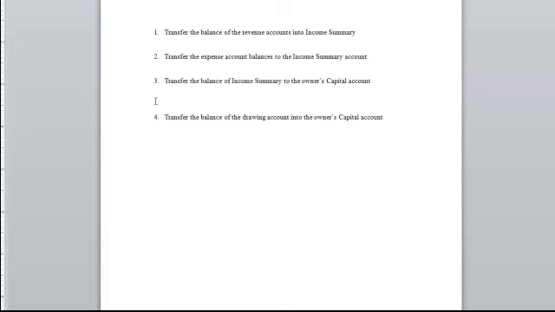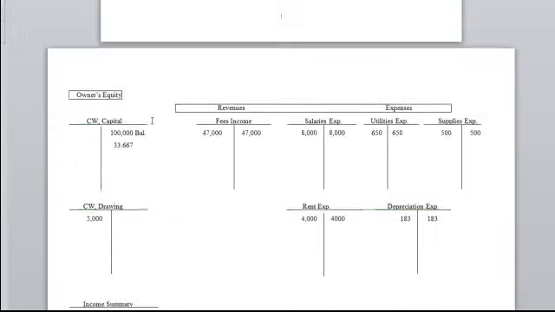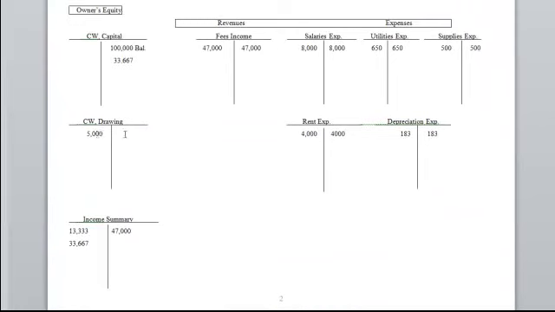So I'm going to go down here to my T accounts and take a look at that. To close the drawing, I'm going to have to credit it for $5,000. And if I credit the drawing, I have to debit something. I'm closing the drawing into capital, so I'm going to go up here and debit the capital account for $5,000. So that's my last adjustment. I'm going to debit capital and credit drawing.